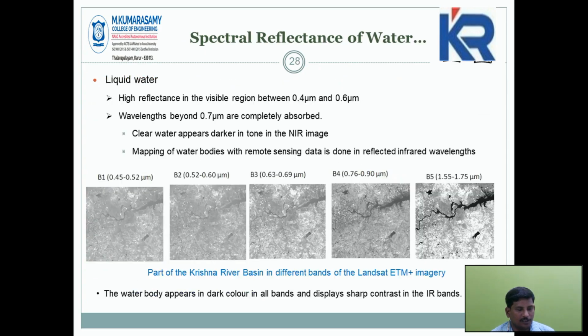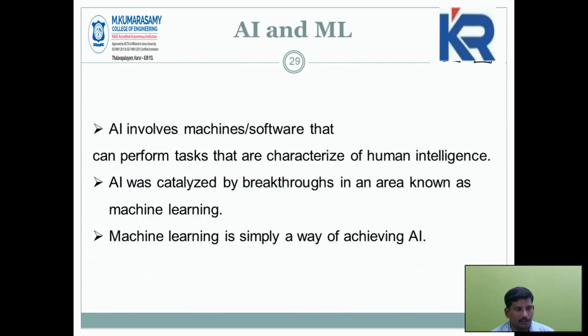Similarly, the pictures show the reflectance of an area, part of the Krishna river basin, in different Landsat imagery, with band levels of 0.45 to 0.52, 0.5 to 0.6, 0.63 to 0.69, and 0.7 to 0.9, up to the ground resolution taken.